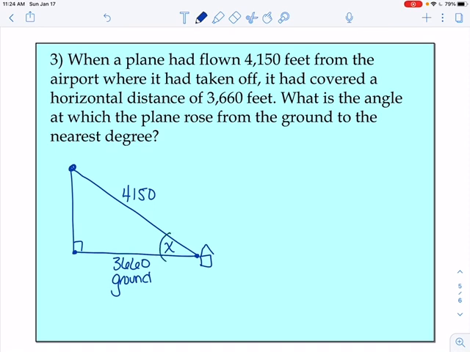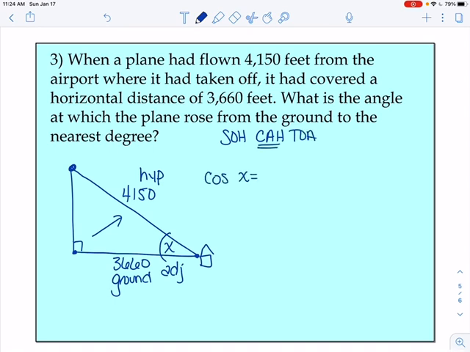So with relation to x now, 3,660 is your side adjacent, and that 4,150 is your hypotenuse. So again, I need to determine which trig function deals with the adjacent and the hypotenuse. Adjacent and hypotenuse is your cosine.